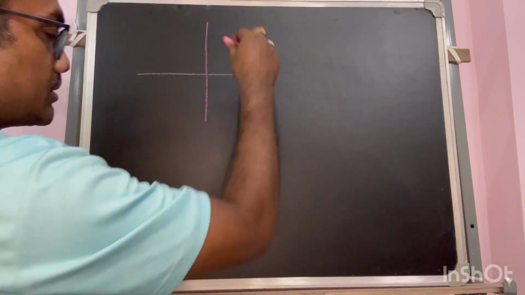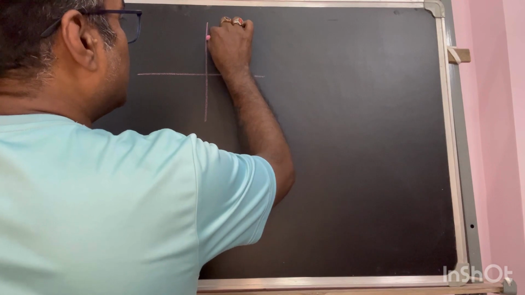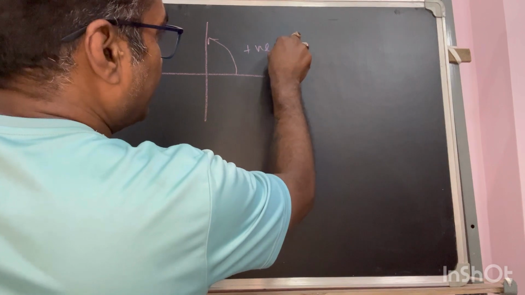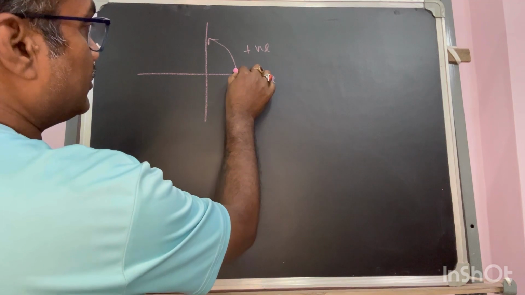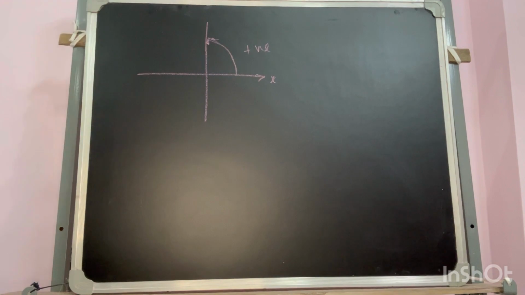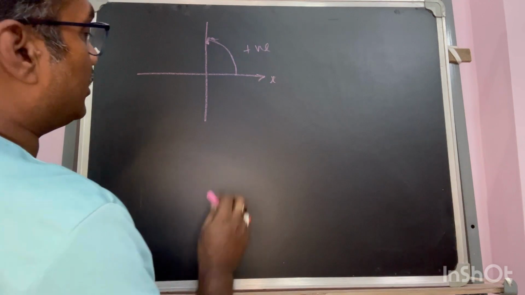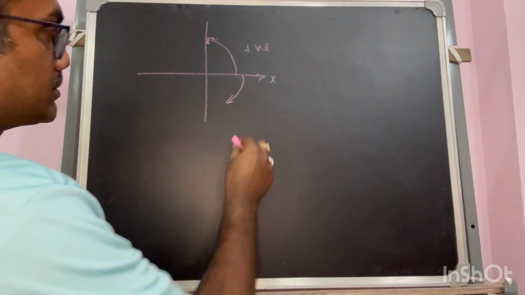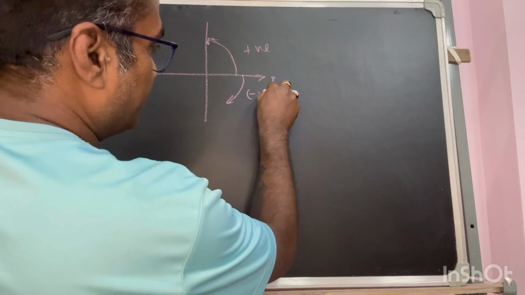When I was discussing the trigonometric ratios, we described that any angle measured anti-clockwise from the positive x-axis is a positive angle. Now if we measure in the clockwise direction from the positive x-axis, that is definitely negative.